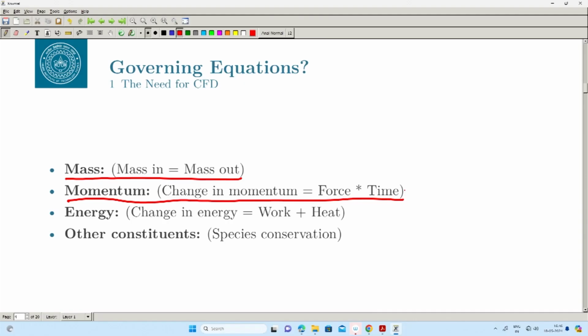Your density is changing, your volume is changing, your shape is changing. That is why the control volume approach is more popular in fluids rather than the control mass approach. In that particular domain you have to ensure that whatever mass is coming in, the same mass should go out, and if there is a change in the momentum in the system, then it is due to certain forces, and it should balance out.